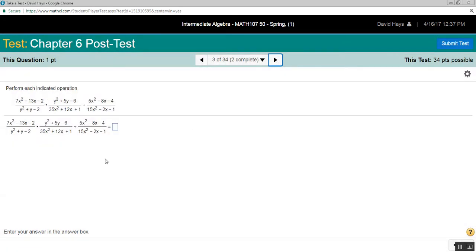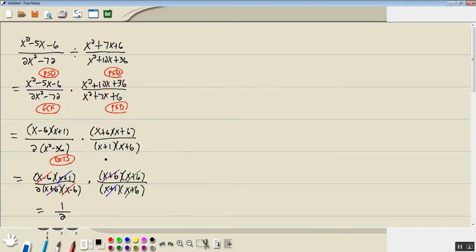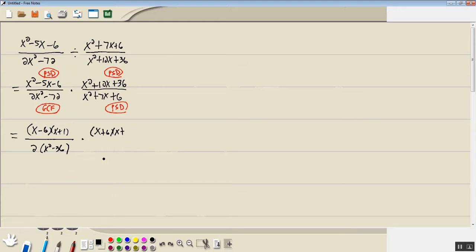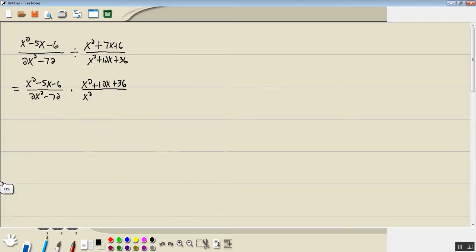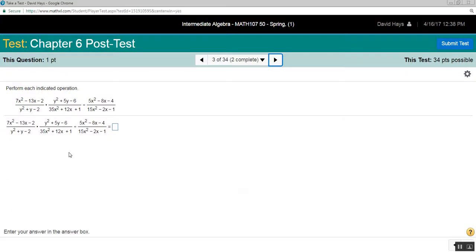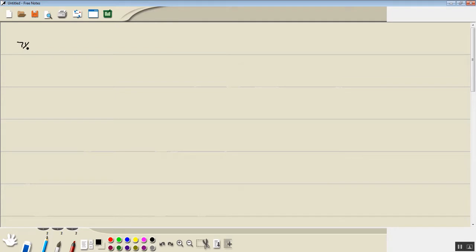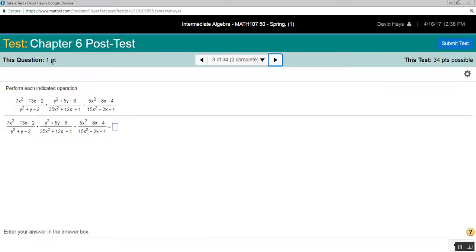Now this says perform each indicated operation. So let me clear this off. And we got 7x squared minus 13x minus 2 over, is that x and y?